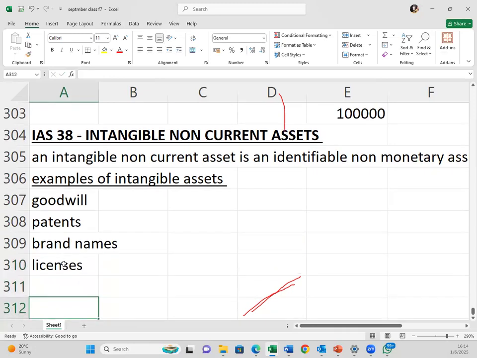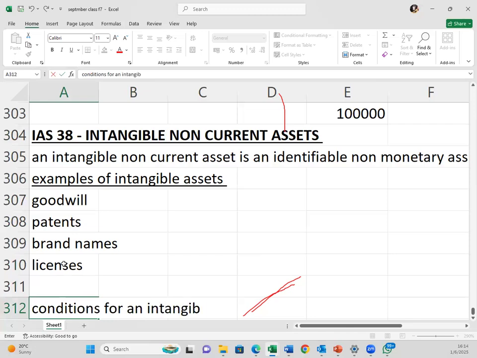Now, let's move on. For us to regard the asset as an intangible non-current asset, what conditions must be there? Conditions for an intangible non-current asset to be recognized.